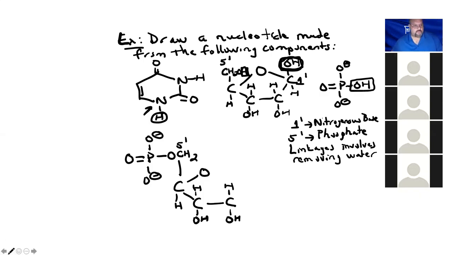Now, once I get to carbon 1 prime of the sugar, when the OH comes off and the H comes off the nitrogenous base, I'm going to connect carbon 1 prime to the nitrogen, the correct nitrogen on the nitrogenous base.